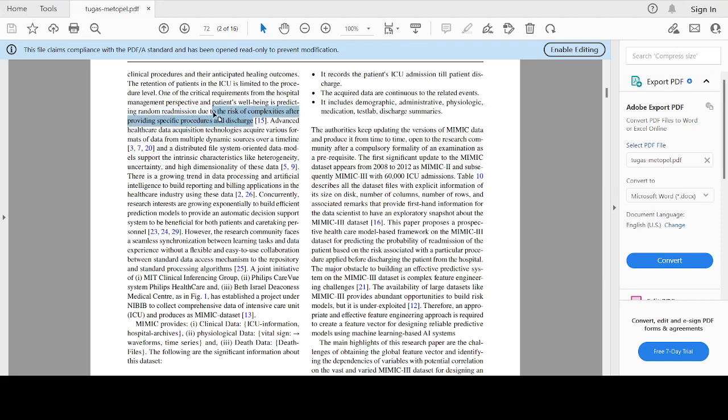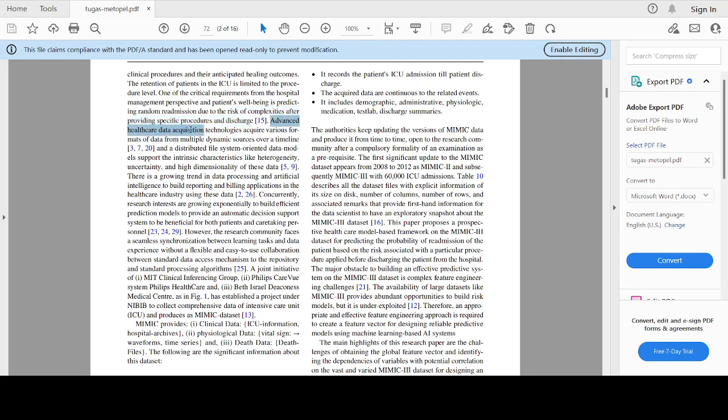To my understanding, in short, if we can predict the readmission of the patients, we can avoid this and probably make their life expectancy higher, and also be cost effective.